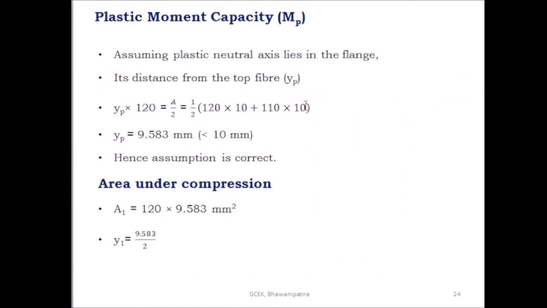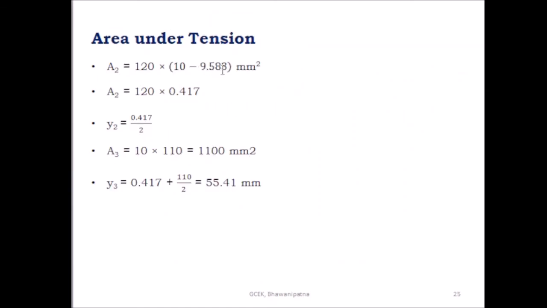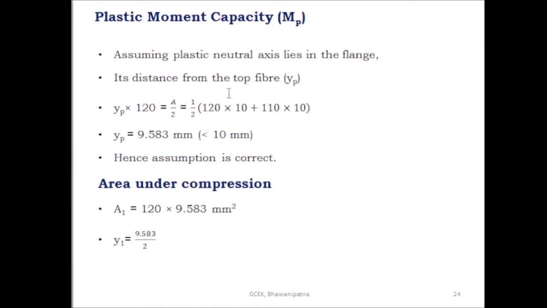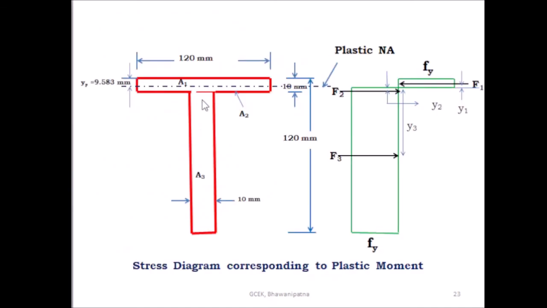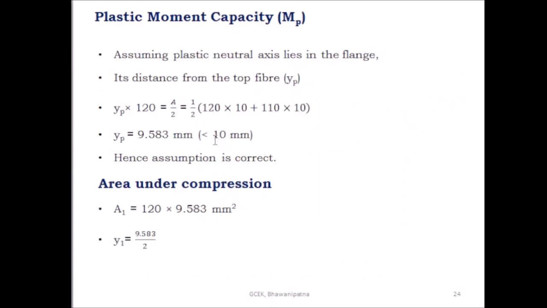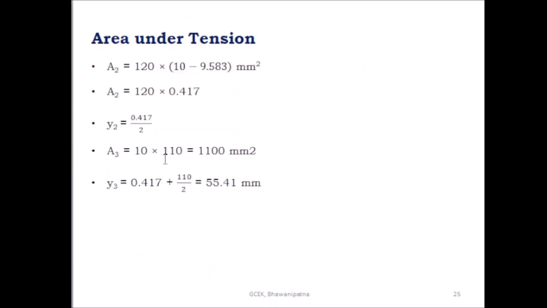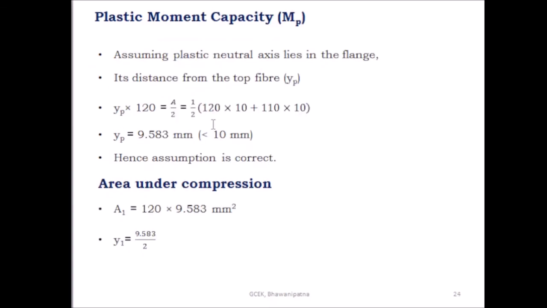So A2 is equal to 120 into (10 minus 9.583). Similarly, A3 is equal to 110 into 10.